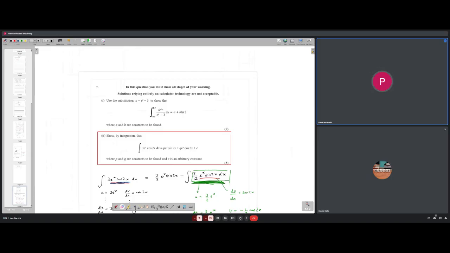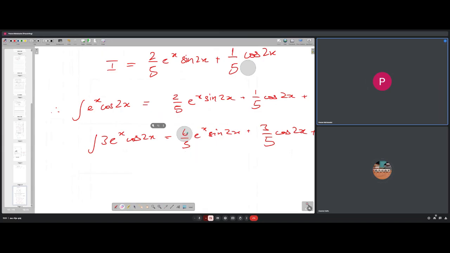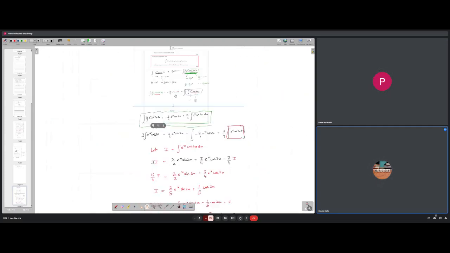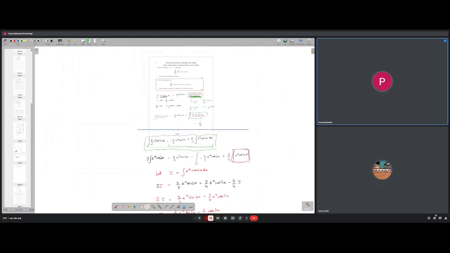Integral of 3e to the x cosine of 2x. Do you have any questions about this example? Okay. Yeah, so this is correct. I just wanted to check.